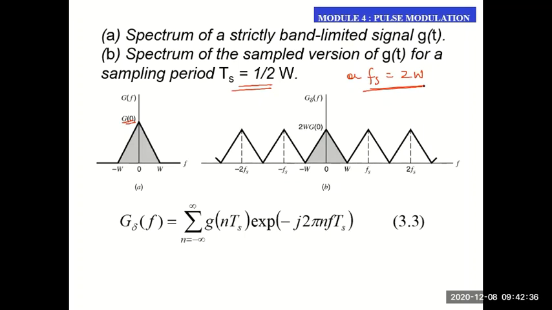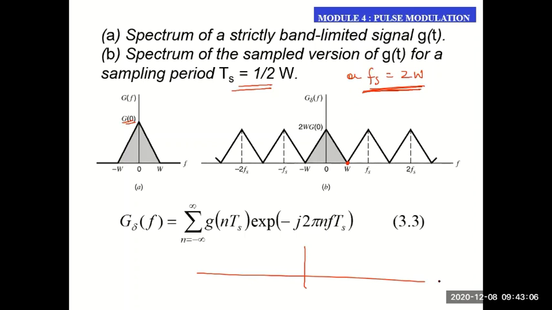We have taken the sampling frequency as exactly 2W. That's why you see these ends will touch, because this signal will range from 0 to W. This one will range from Fs minus W to Fs plus W, so on. Because we have used exactly double the message bandwidth, you see all these will touch.